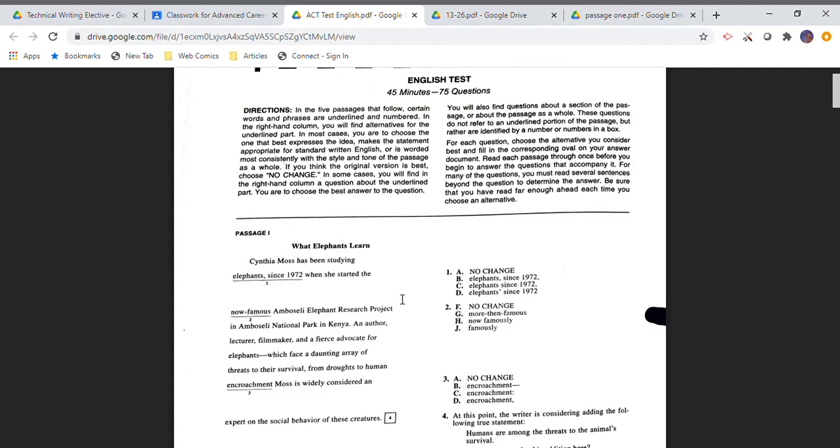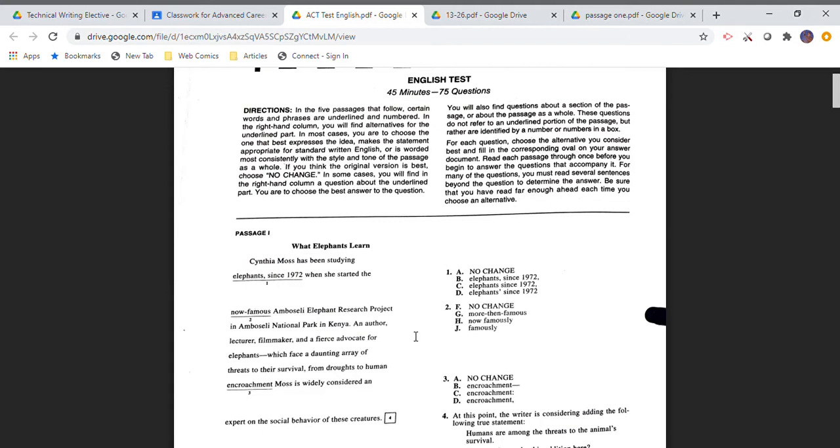These questions do not refer to an underlined portion of the passage, but rather are identified by a number or numbers in a box. For each question, choose the alternative you consider best and fill in the corresponding oval on your answer document. Read each passage through once before you begin to answer the questions that accompany it. For many of the questions, you must read several sentences beyond the question to determine the answer. Be sure that you have read far enough ahead each time you choose an alternative.